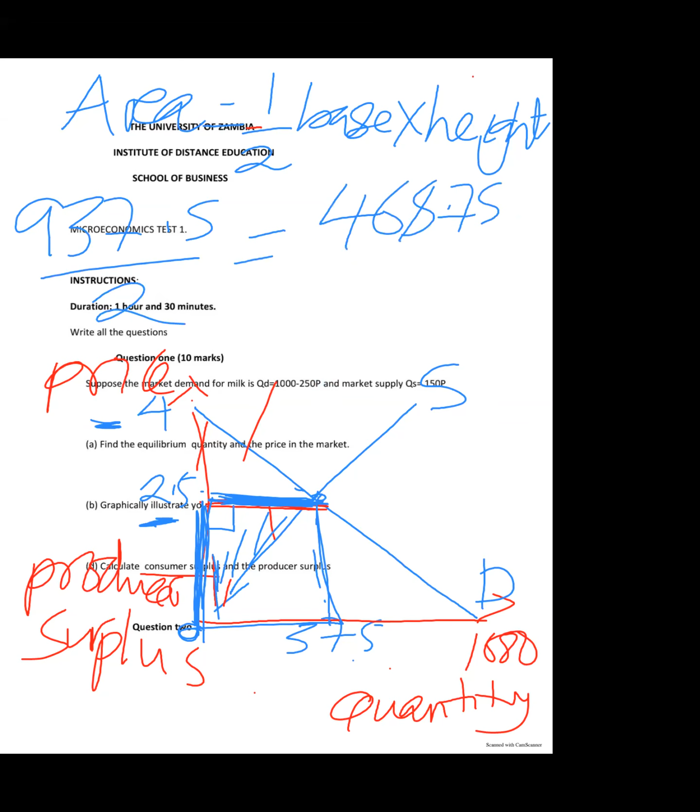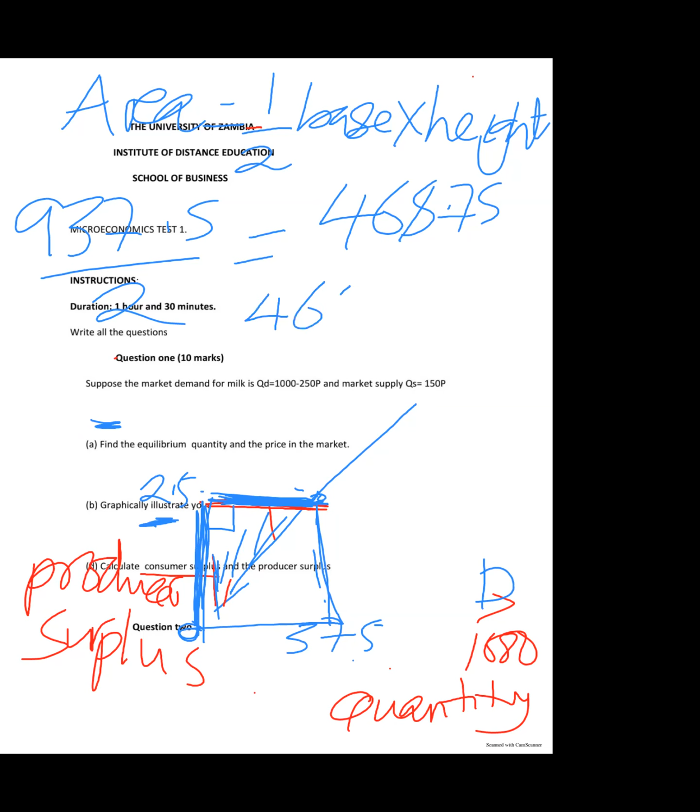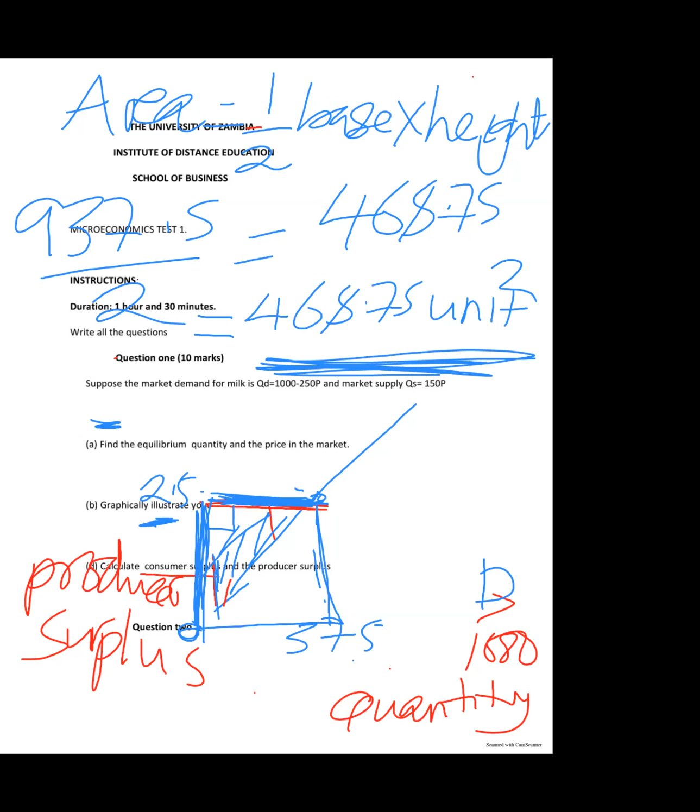So this will basically be your producer surplus, which is the area that is marked by this region. This is your producer surplus.